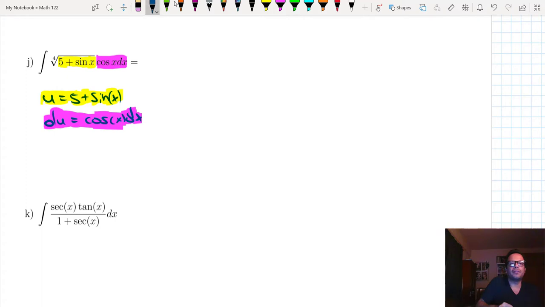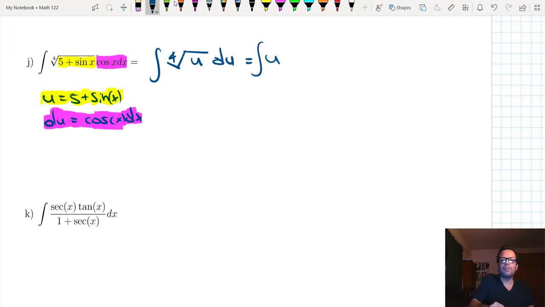So this will be the integral of the fourth root of u du. However, we cannot integrate this function while we have radical form, so let's change this to rational exponent form, that is 1/4, and use the general power rule. If we add 1 to this, that's 1/4 plus 1 divided by 1/4 plus 1.